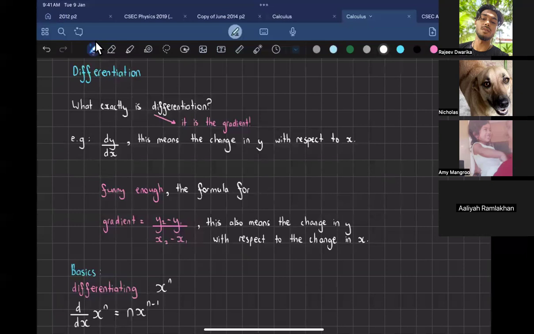So what do you think the first derivative of 2x would be? That's a kind of tricky one.